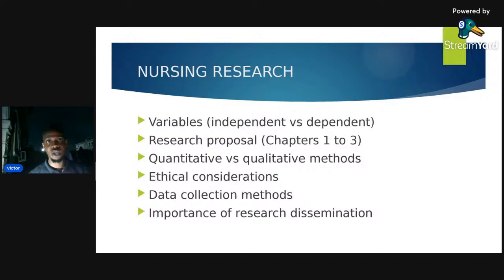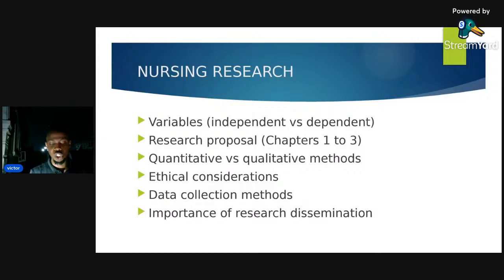So in your research, you have your variables. For your variables, you have the independent variable and you have the dependent variable. The independent variable is a variable that is not affected during your course of study or your course of research, while the dependent variable is usually affected.